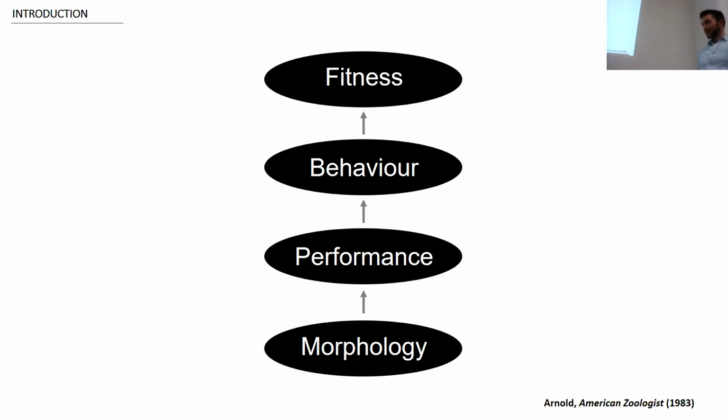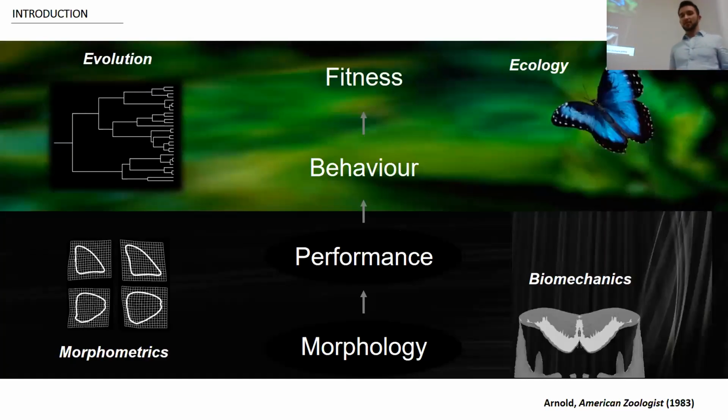And understanding this pathway is very challenging because it necessitates combining quite distinctive approaches. For example, morphometrics and biomechanics to test the effect of morphology on performance, and evolutionary and ecological studies in the wild to understand how behavior is related to fitness.